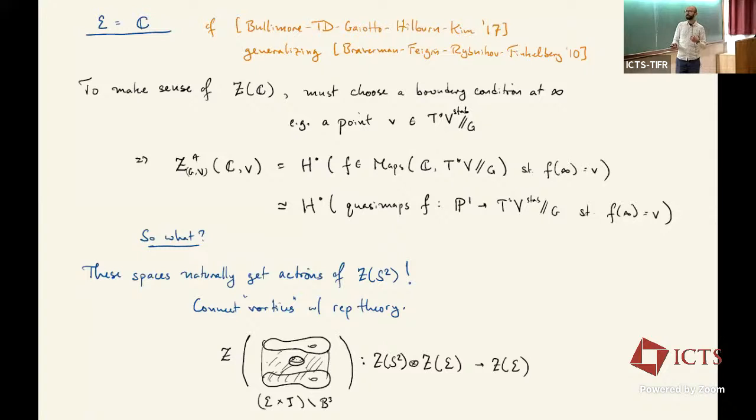That's a map from the incoming spaces, which are Z of S2 for the ball, and the thing on the bottom, say, to the space on the top. That in principle defines the action. And this ends up connecting these spaces of quasi-maps, or cohomology of these spaces, to representation theory.